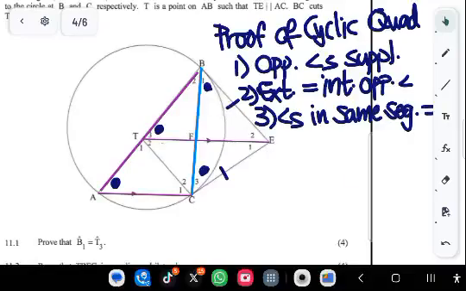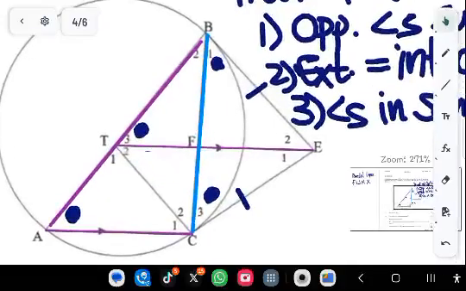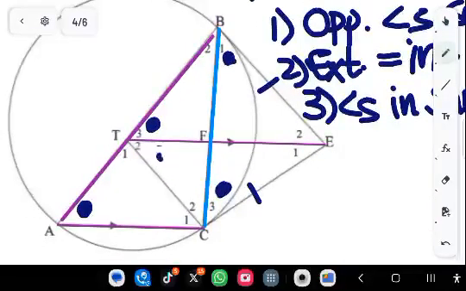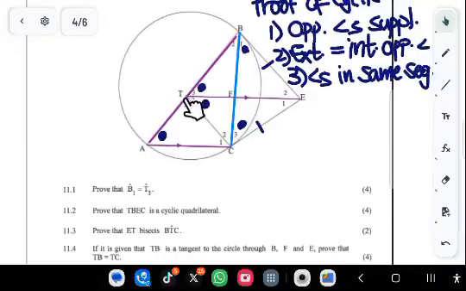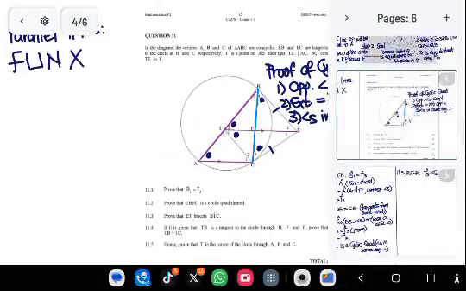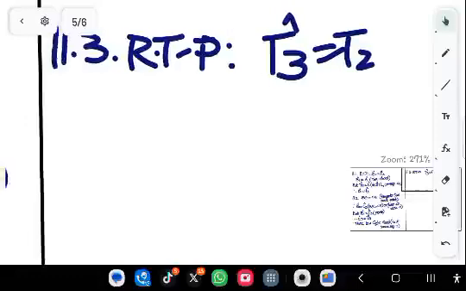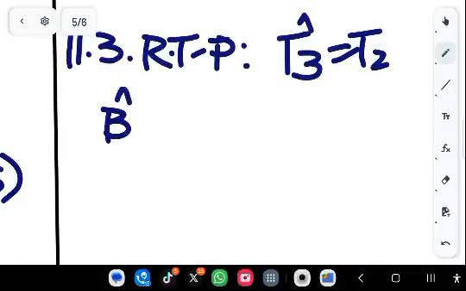Angle B1 and angle T2 are angles in the same segment of quadrilateral TBEC. Angle B1 equals angle T2.